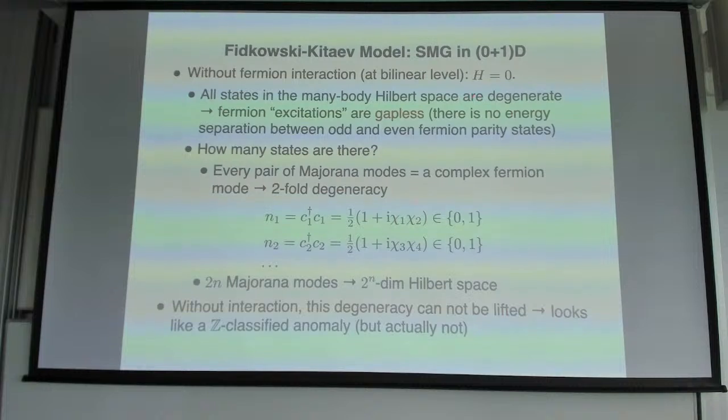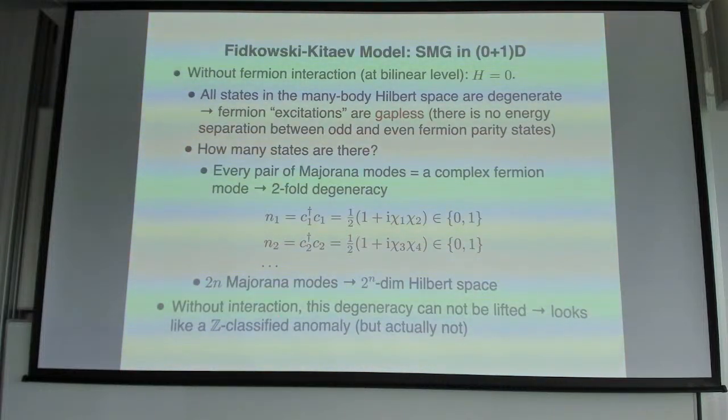So when the Hamiltonian is 0, in this Hilbert space, half of the states have even fermion parity, half of them have odd fermion parity. But there's no gap between them. Any fermion excitation is an excitation that takes you from an even parity state to an odd parity state, but there's no gap. So all the fermion excitations are gapless in this sense.